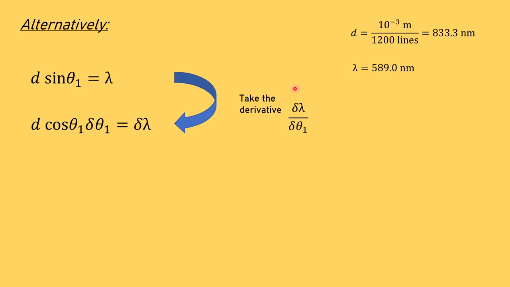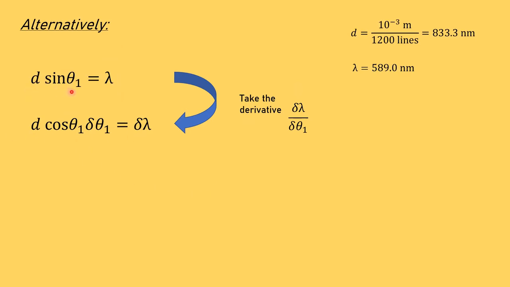Now, most of you have taken a couple semesters of calculus, so you know what it means to take differentials. I'm really just differentiating lambda with respect to theta, and then d theta would be in the denominator. I could just move that over to the other side. And that's what I've done here.